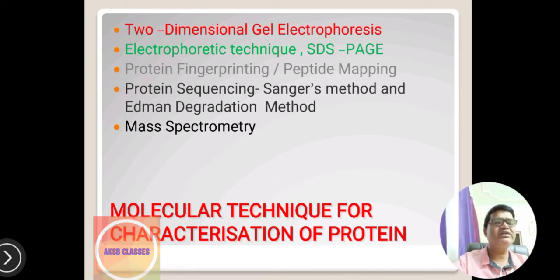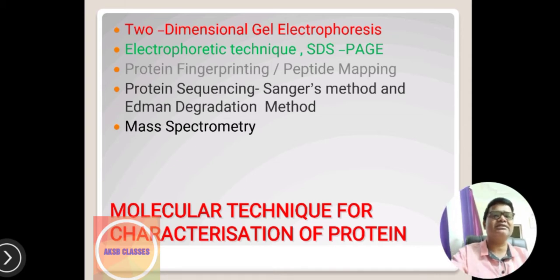There are two methods of protein sequencing: one is Sanger's method and the other is Edman degradation. Through these two methods we can sequence any unknown protein sample. And the last is mass spectrometry. It is a highly sophisticated technique through which we can identify a protein even at picomole quantity.